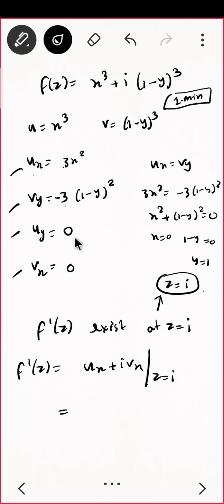That means what? Ux is 3x square plus i vx is 0. That's it. So 3x square at z equal to i. So what is the answer? Z equal to i means x won't be changed, because the value of iy is i. So the answer is 3x square. Do you agree?